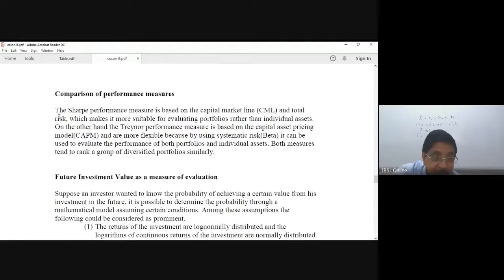Now you can just go through this again and get some idea from this. The Sharpe performance measure is based on the capital market line. Now just get reminded of the characteristics of the capital market line. Can you remember that?